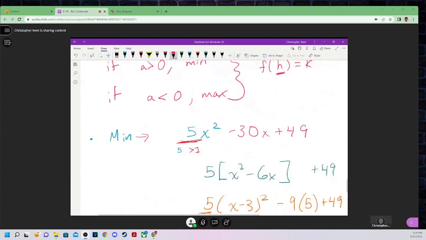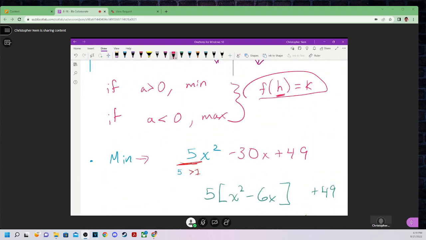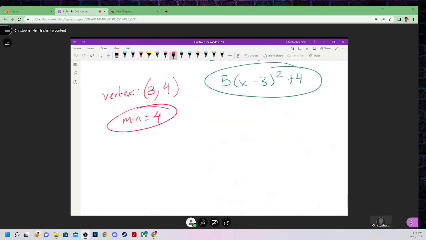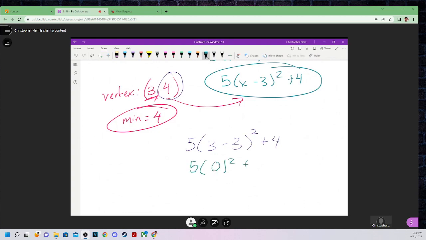Or if you actually follow our rule here, if we plug in h to f, if we plug this value into my function, 5 times (3 minus 3) squared plus 4, I am going to get 4 out. Let's actually calculate that. 5 times 0 squared plus 4.